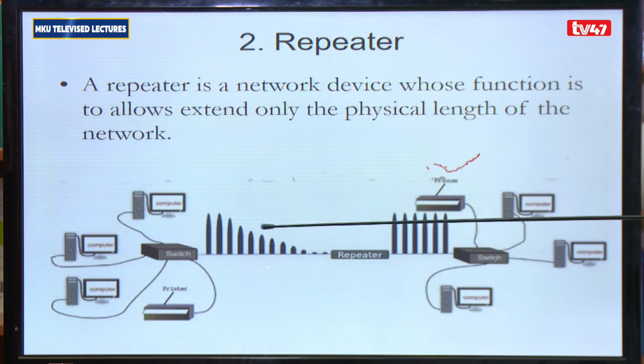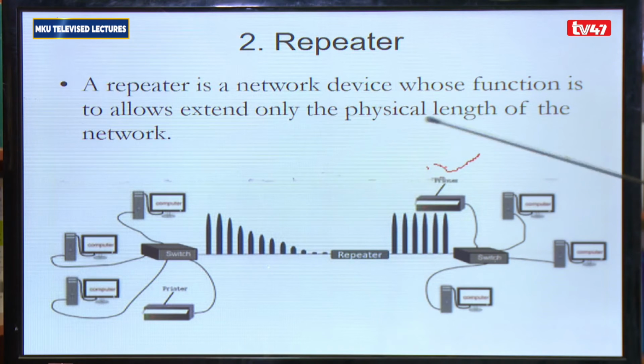So they are installed on the link so that they can increase the physical length of a network by re-energizing the signals again and retransmitting them over a longer distance. And that way, the devices that are within the region are able to communicate effectively.